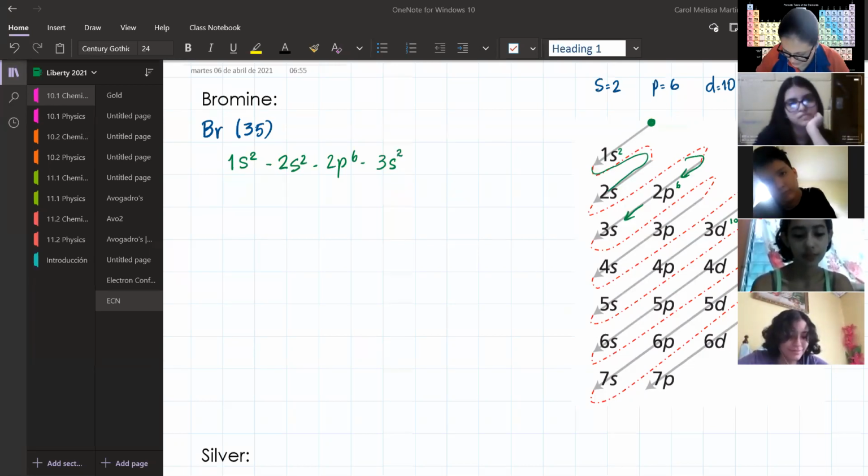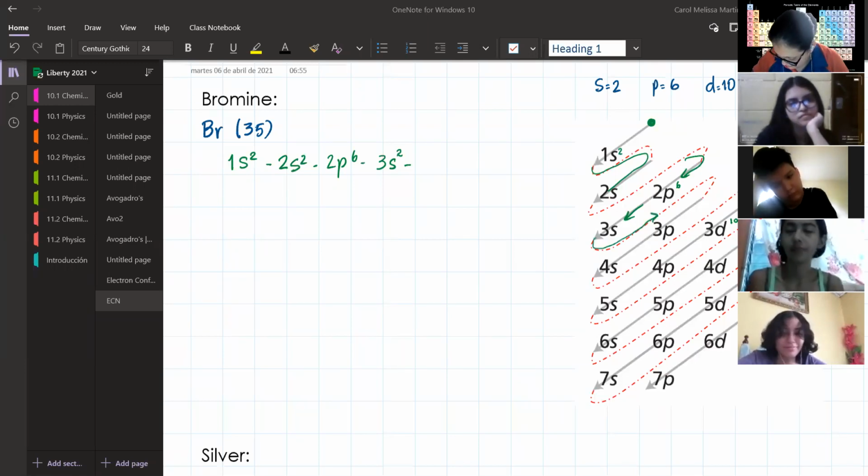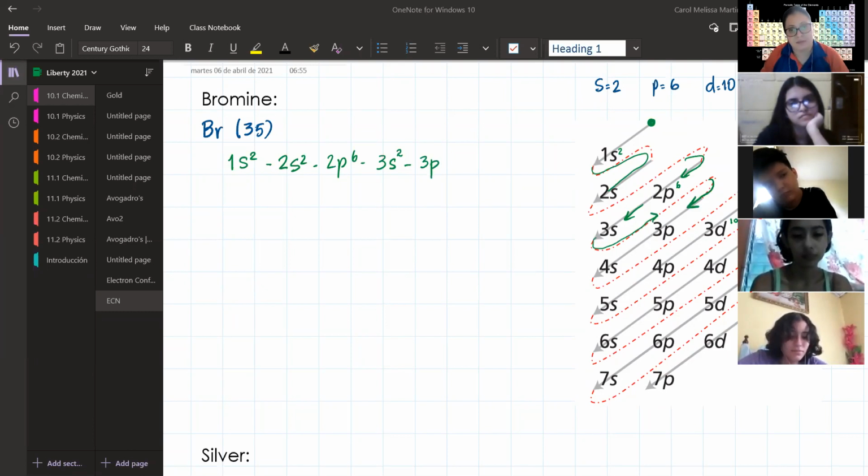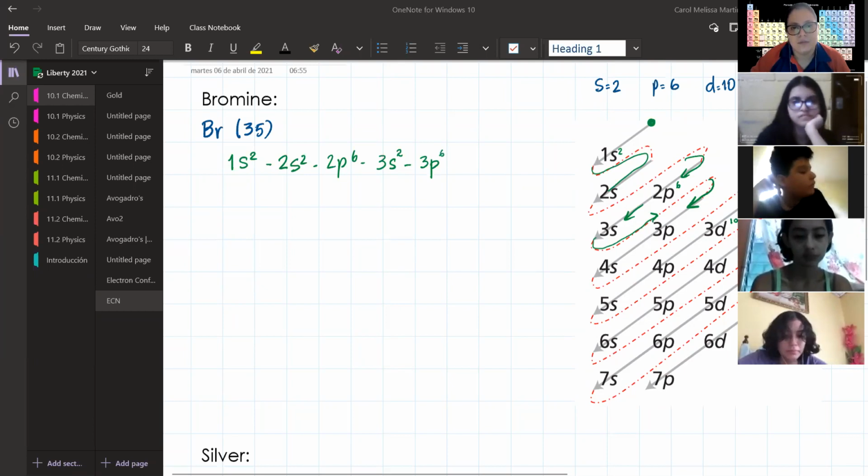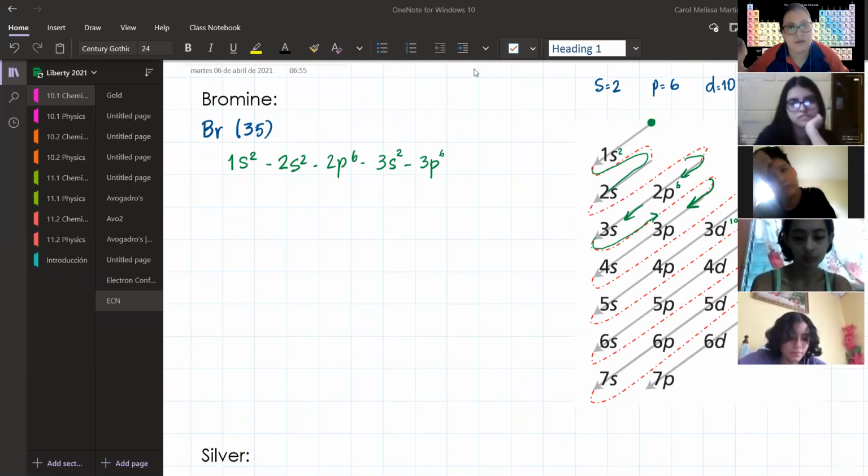Then we follow the arrow until we get to 3p. Remember that P can hold up to 6. And we are counting all the electrons in our mind.